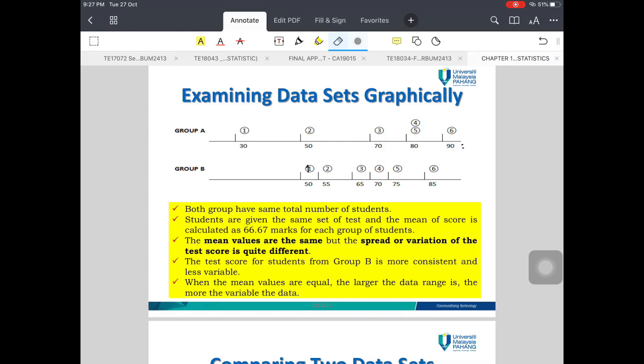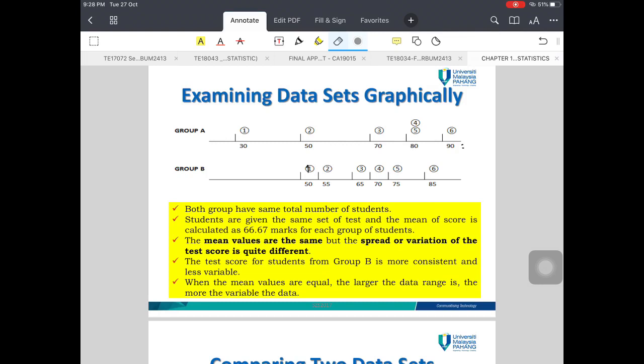We have 6 of them. Students are given the same set of tests, and the mean score is calculated as 66.67 marks for each group of students. You may calculate it on your own. You can see the mean value is 66.7 for both data sets.